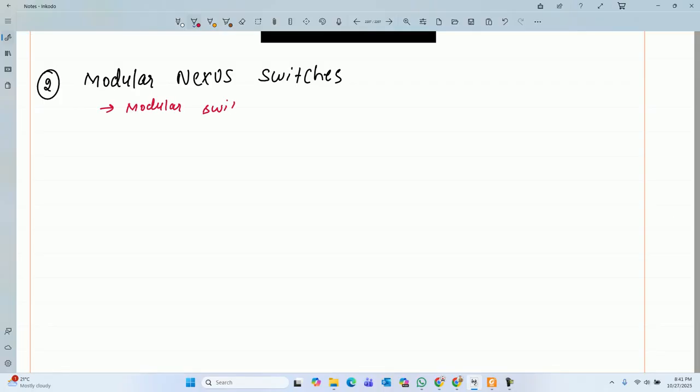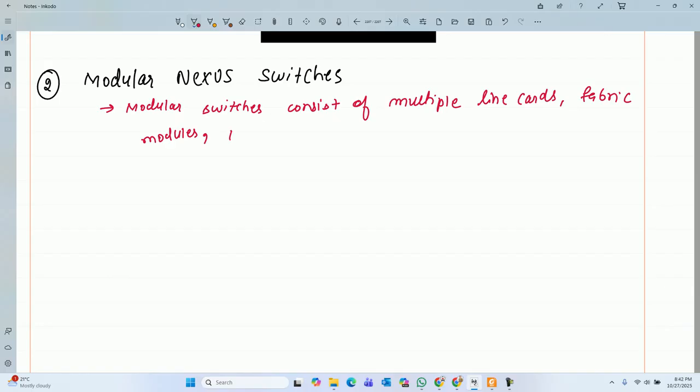Modular switches consist of multiple line cards, fabric modules, supervisor engines, fan trays, and system controllers.